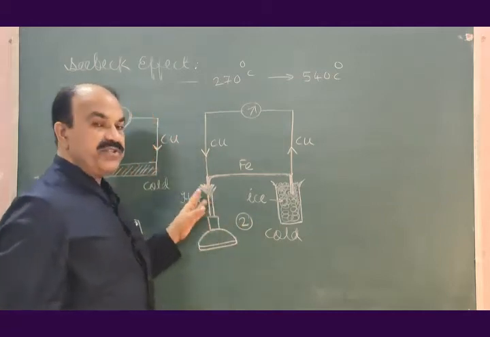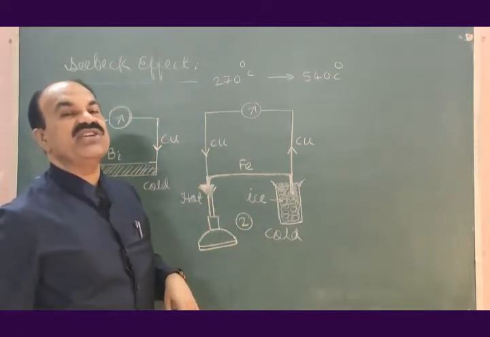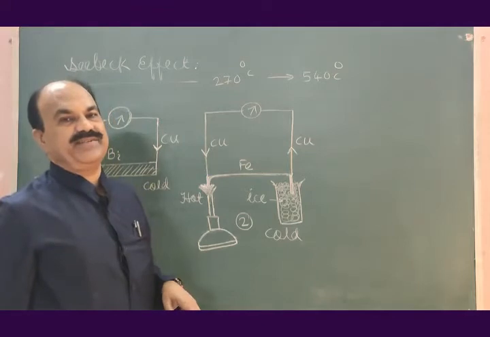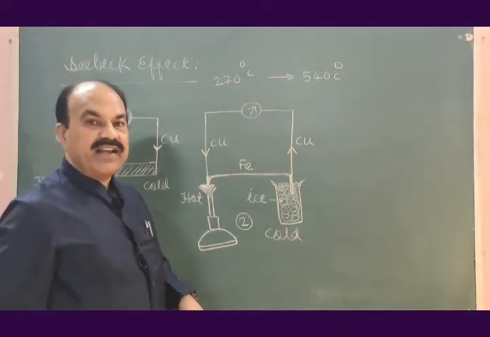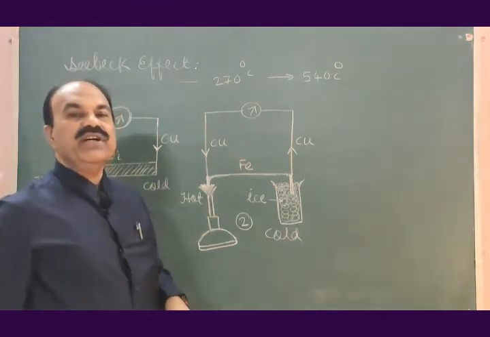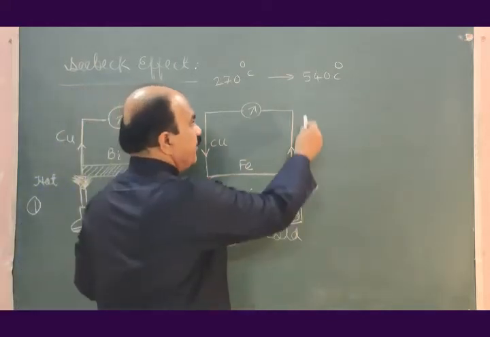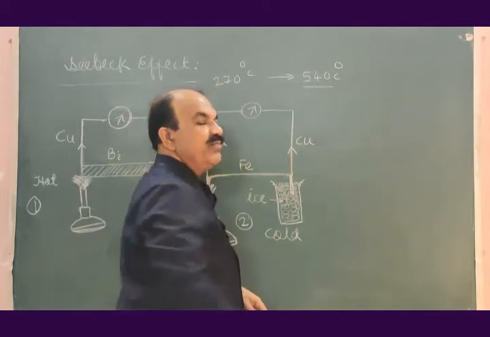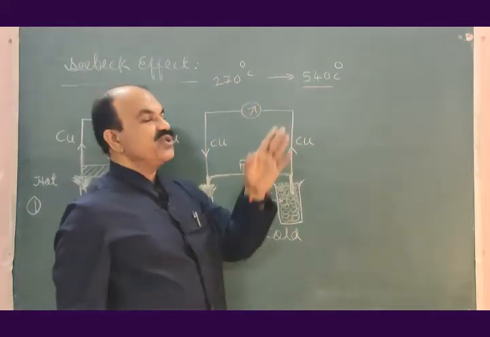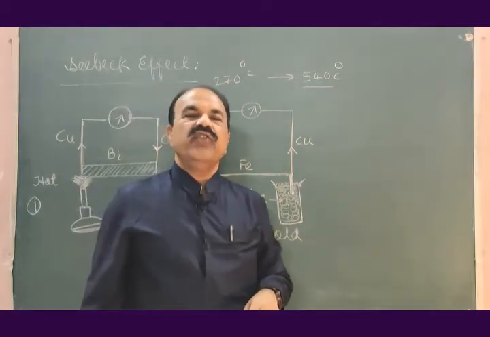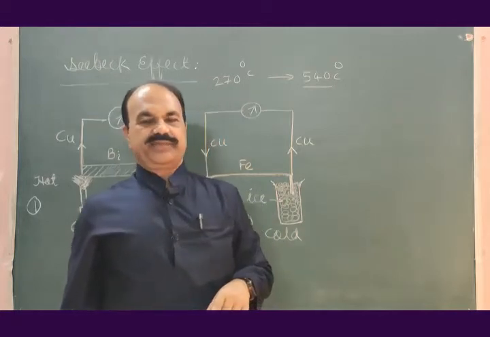If this temperature is further increased, the current starts decreasing, and the current shown by the galvanometer becomes 0 when the temperature of the hot junction reaches 540 degrees Celsius.